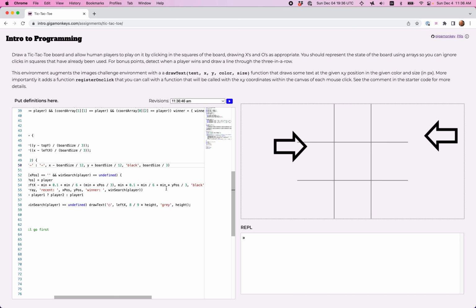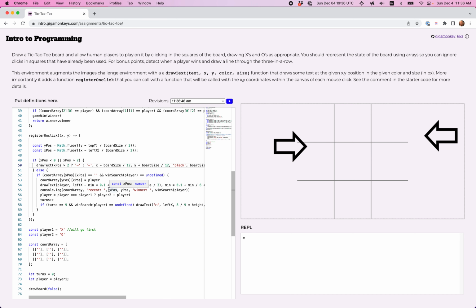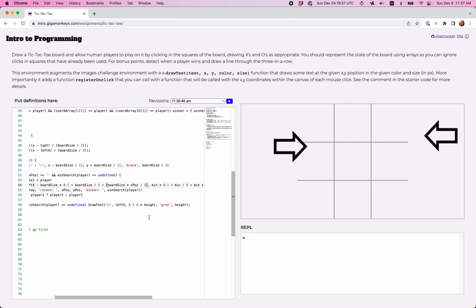So that seems to basically work. And let's see, where else are we using min? So this min is almost certainly the board size, board size, board size. Right.